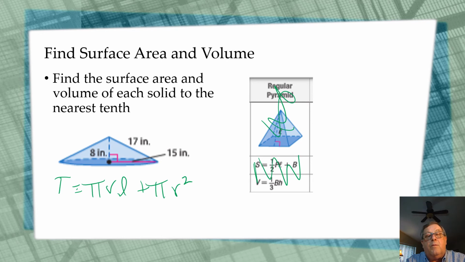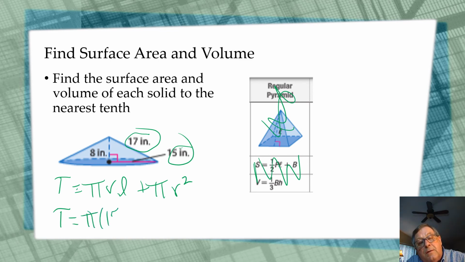All right, so let's look at what we got here. Well, this 15 inches is the radius, and this 17 inches here is the slant length. So let's substitute in for our formula. The total surface area equals pi times the radius, which is 15, times the slant length, which is 17, plus pi times the radius, which is 15 squared.